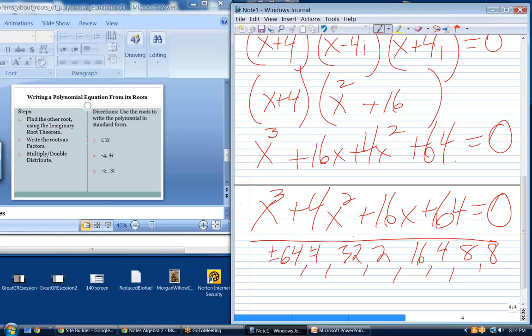I got 1, 2, 3, 4, 5, 6, 7 times 2, so 14 possible solutions. As I use synthetic division on each one, only one of them is going to work, and that's the minus 4, because they told us that minus 4 was a solution.